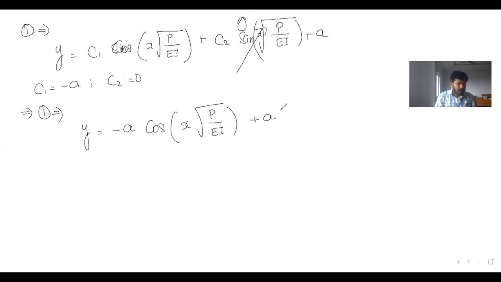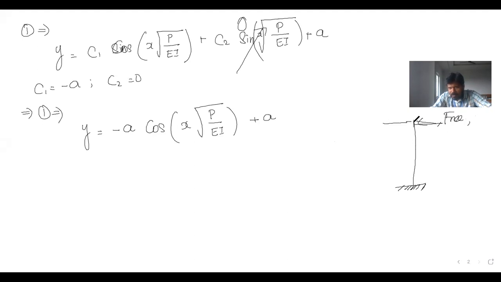Here, another boundary condition we are going to use: if the end is free, then the deflection is not equal to 0.